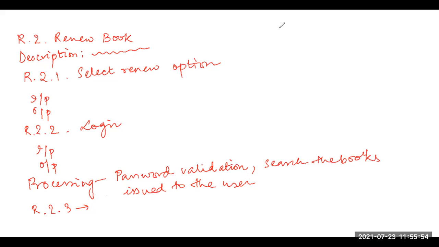So if my password is valid, then what can be the function that I will be asked to perform? To renew. I will have to select some books which I want to renew, right? So what can be the input to this?